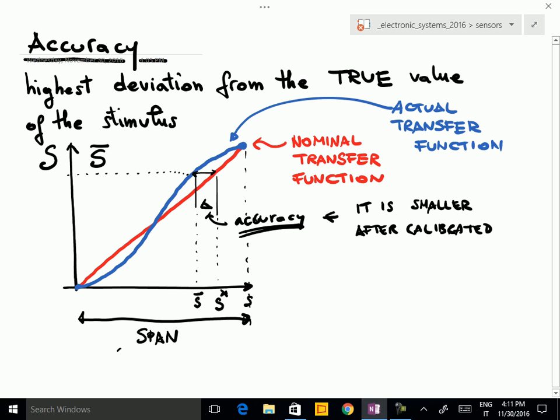In Italian we call it fondo scala. In English sometimes it is given as a percentage of the measured quantity. One has to read the data sheet carefully. Okay?